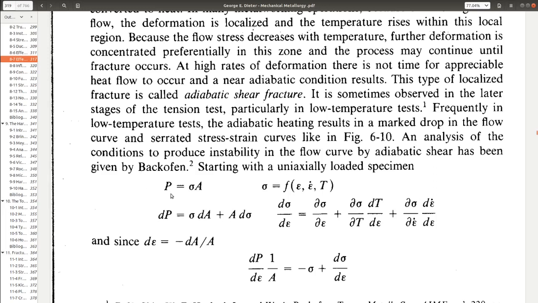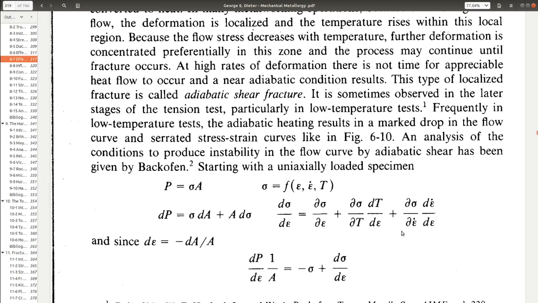Okay, so we know that P is equal to sigma A, and sigma is not just a function of strain, as we discussed in the power law, but from the previous video and this video we have observed that it is also a function of strain rate as well as temperature. So therefore what I can say is d sigma by d epsilon is equal to dou sigma by dou epsilon plus dou sigma by dou T into dT by d epsilon plus dou sigma by dou epsilon dot into d epsilon dot by d epsilon.